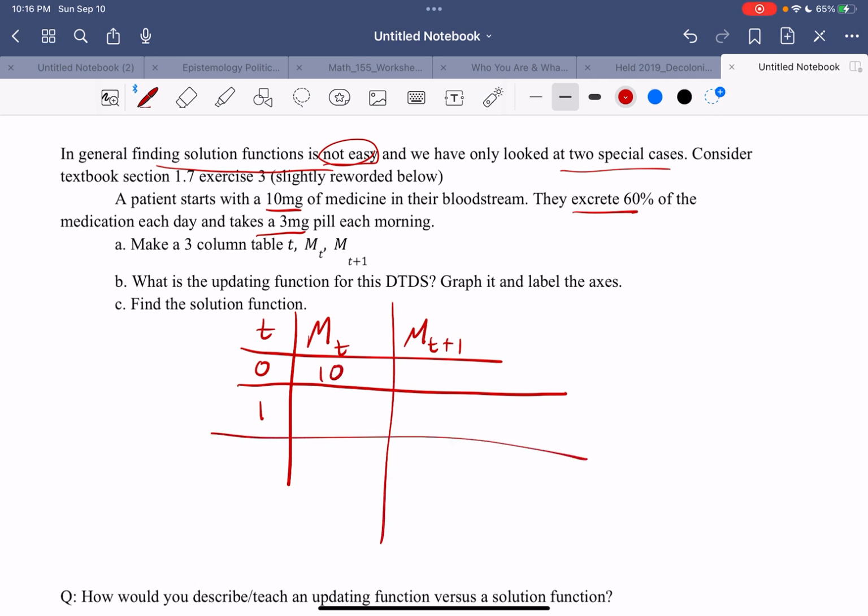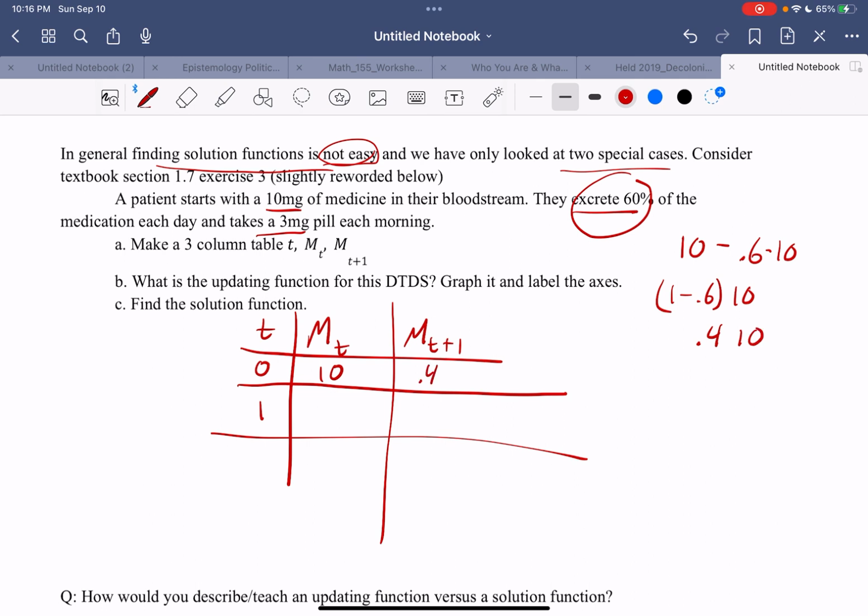So at time 0, there's 10. And what about a day later? Well, they excrete 60%. So it's sort of like 10 minus 0.6 times 10. But if you factor out that 10, we have 1 minus 0.6. In general, 40% is left over, right?